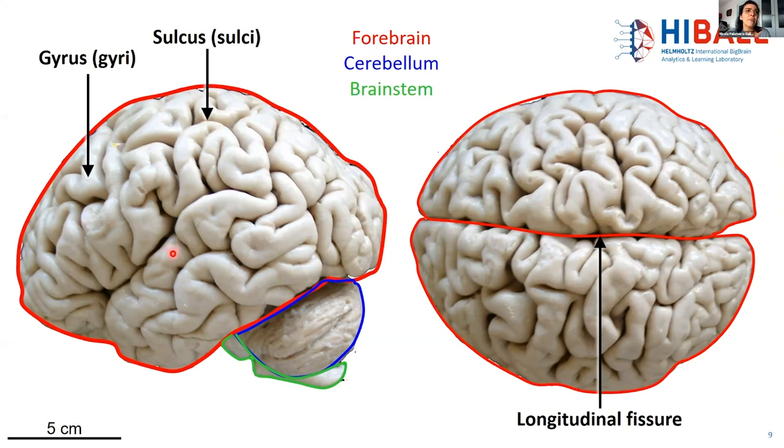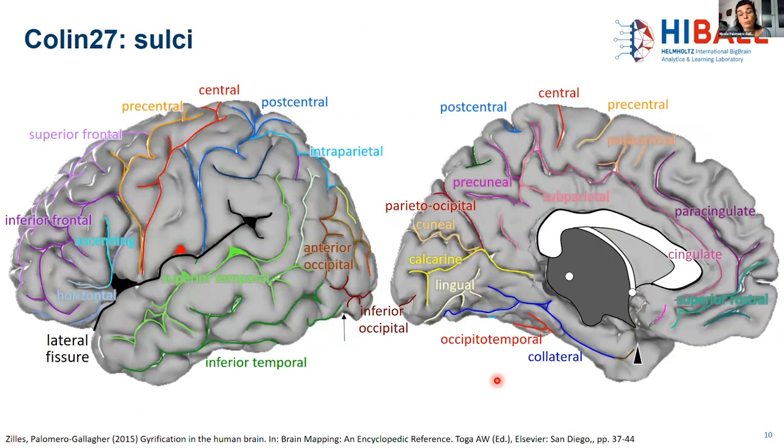If we have a very, very deep sulcus in the forebrain, it's often called a fissure. And that is the case for this brain structure here. This is the lateral fissure. It's called the lateral fissure because it's on the lateral side of the brain, okay? And the lateral fissure isn't the only sulcus with a given name. Most sulci and also most gyri in the brain have given names.